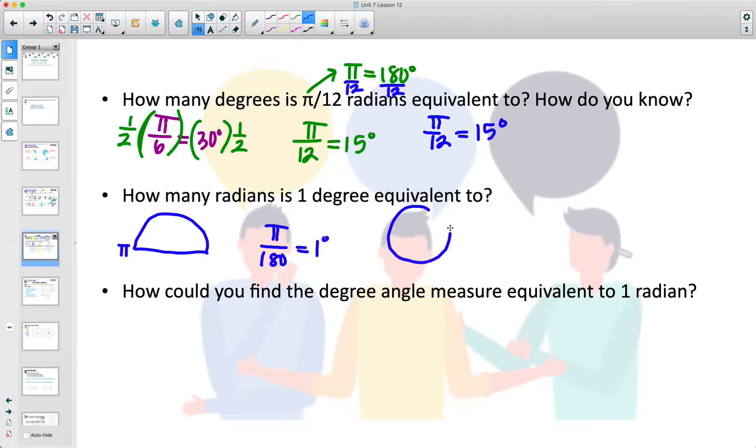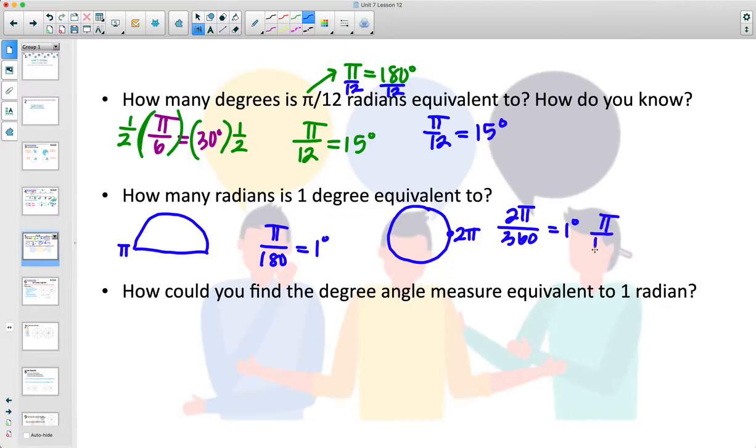Maybe you like to remember how much the whole circle is in radians. So this whole circle in radians is 2 pi. So we'd be taking all of these 2 pi radians and dividing it by 360. That would also get us what 1 degree is. And again, if we wanted to leave this in fraction form, we could divide each of these by 2.